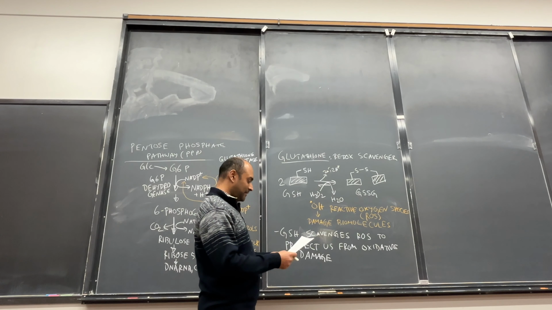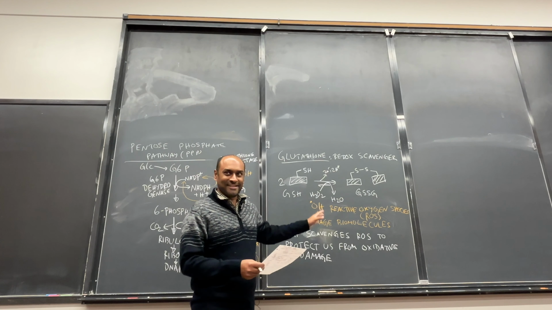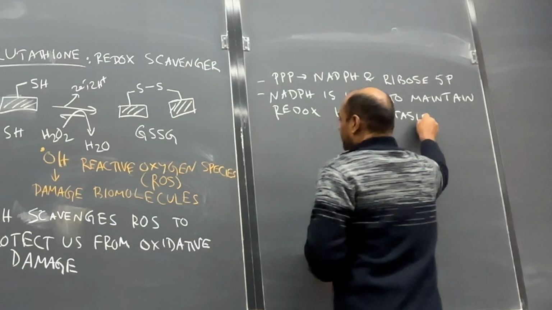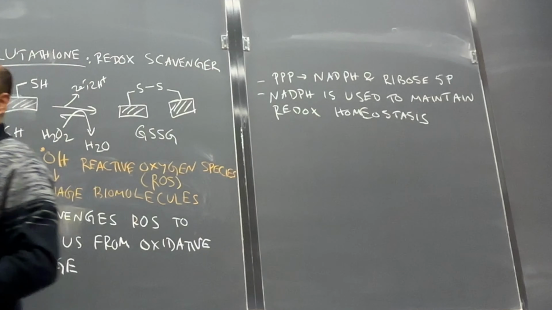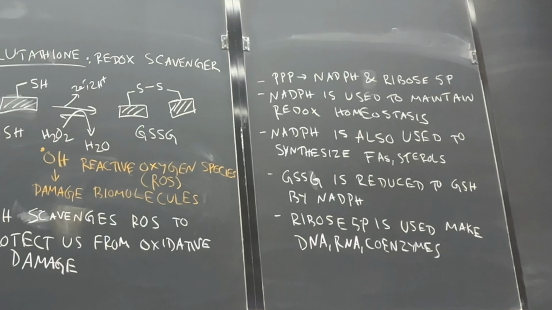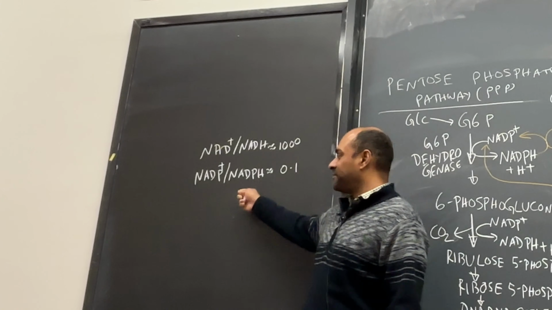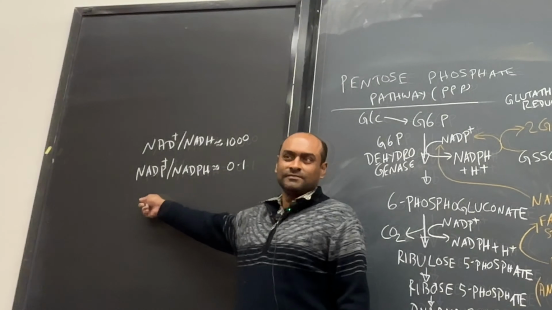So I'm going to write a few full sentences to sort of summarize this. So redox homeostasis means to maintain the balance, redox balance within us. So we have a lot more NADPH than NADP plus, right?